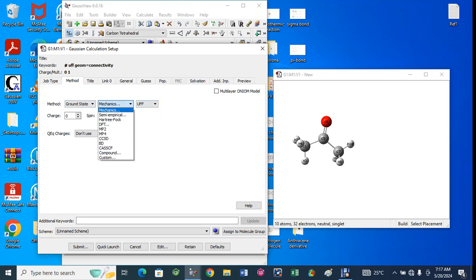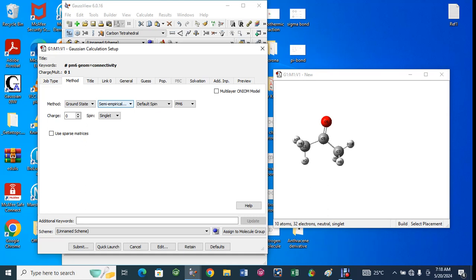Then let's take a look at the semi-empirical approach. The semi-empirical method is a method whereby we are combining both the molecular mechanics and a little bit of the ab initio. So what we are trying to do here is that in the semi-empirical approach, we are dealing with the valence electrons.